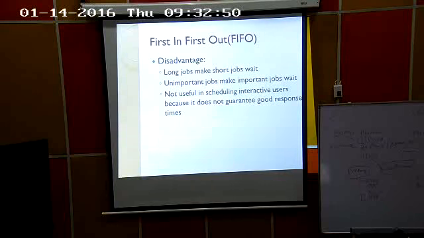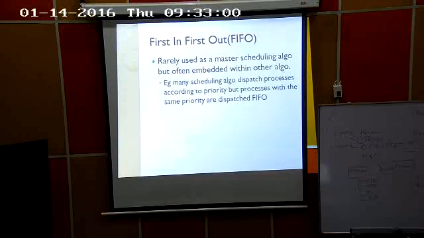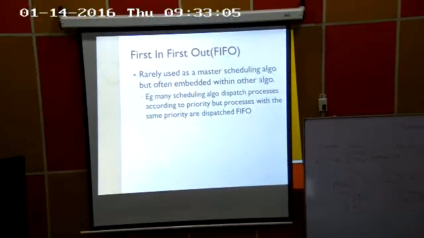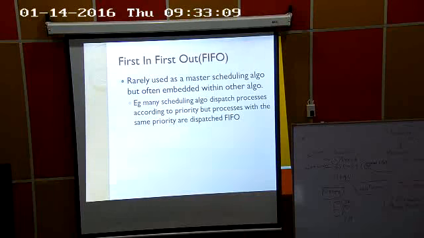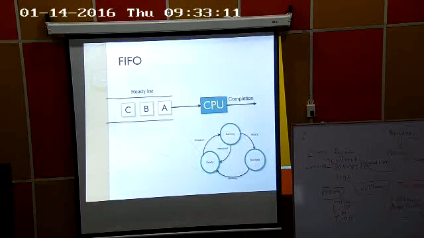You need to wait until job 1 completes, then job 2 will run here. It is rarely used as a master. Usually it is combined with other types. Okay, for example, this one.